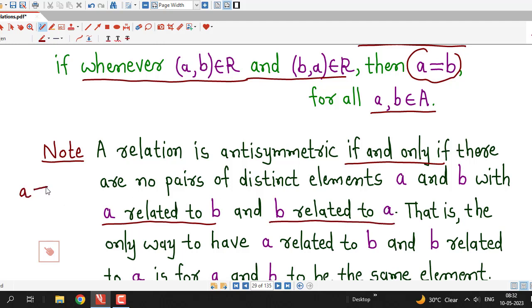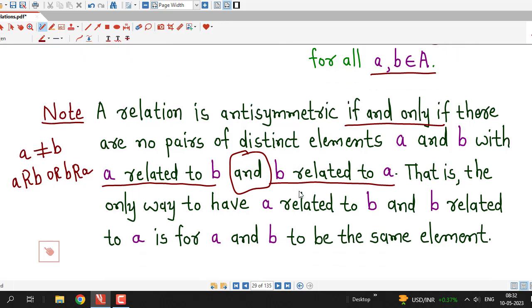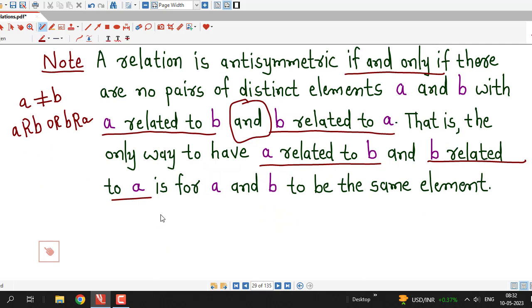In other words, if a and b are different, then either a is related to b or b is related to a. Both things cannot happen at the same time if we have distinct elements a and b. In other words, the only way to have a related to b and b related to a is for a and b to be the same element.